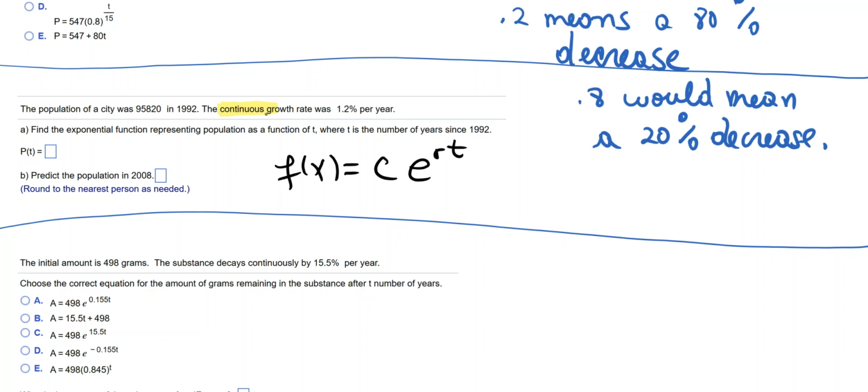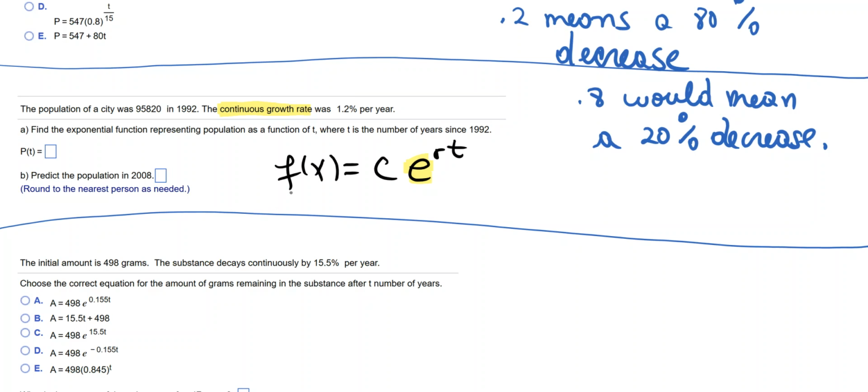Okay, so every time you see continuous, you're going to use this form, c times e to the rt. It doesn't matter what we call it. If we're dealing with money, we would like to call the initial p from principal. But in general, this is the formula. Every time you hear continuous rate, you write down this formula and then fill in what's given.